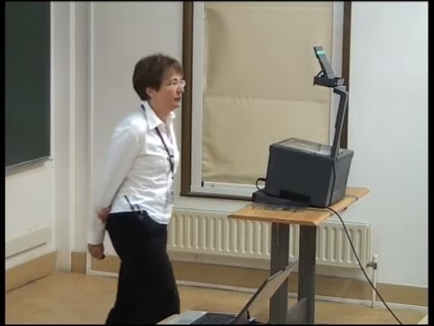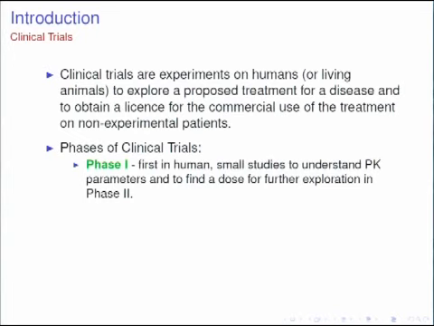What I will show you is a very rough division of the phases, but more or less, I suppose that's how it is. Phase 1, and that's what this talk will be about, perhaps phase 1b or something more than phase 1. This is first in human, usually small studies to understand pharmacokinetic parameters and also to find a dose for further exploration in phase 2.